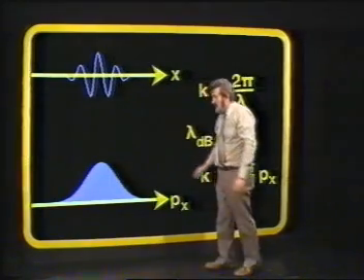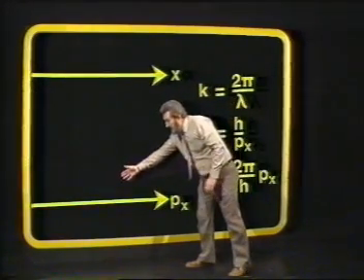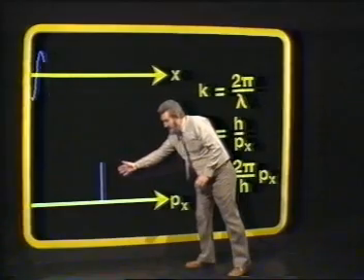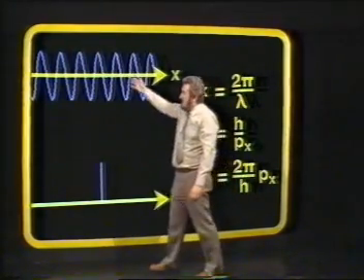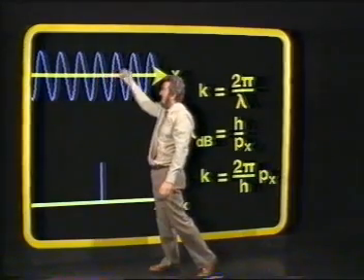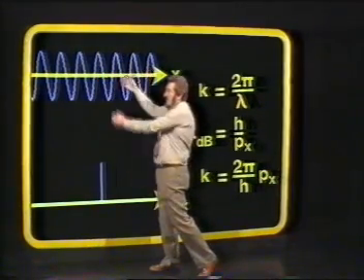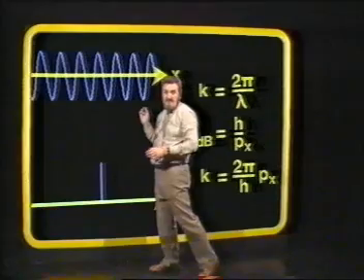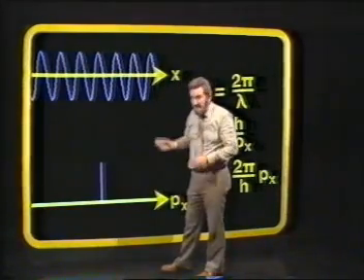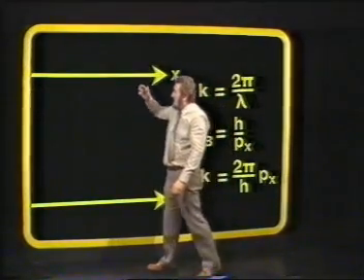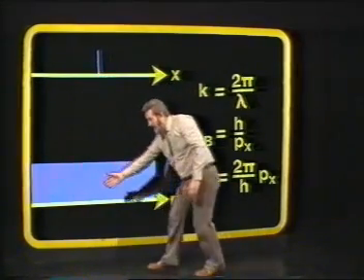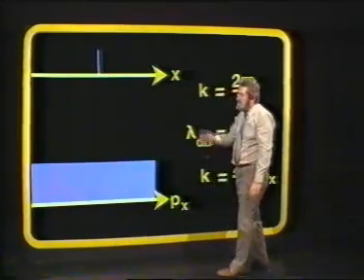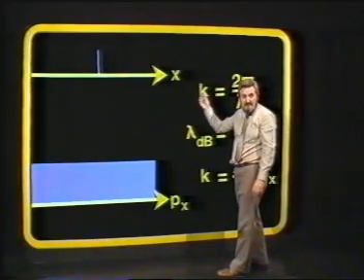For example, suppose I know the momentum of the particle very precisely at some instant. Then, as Graham showed a moment ago, that corresponds to an infinitely long wave of fixed wavelength. So I know nothing at all about the position of the particle. And going to the other extreme, if I know the position precisely at some instant, then I need all these momentum components here to construct that infinitely thin wave packet.